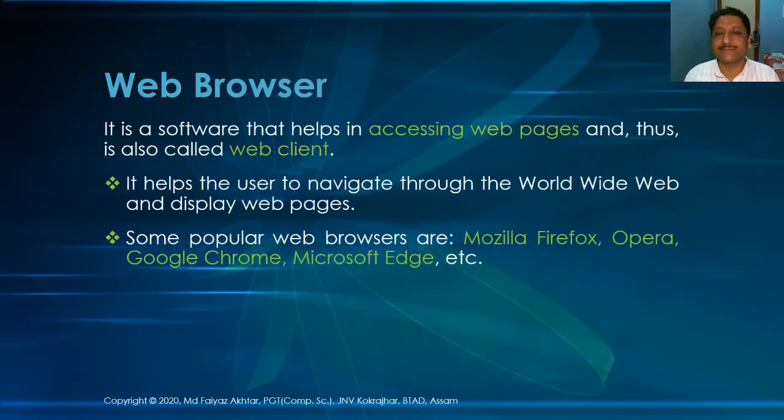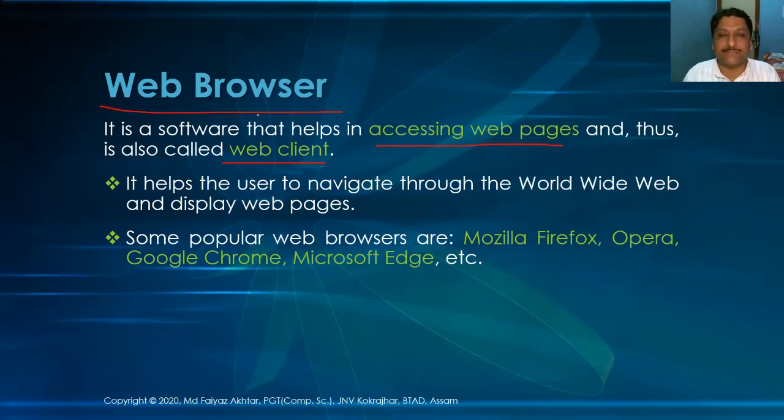Now the web browser is a software that helps us in accessing web pages, and thus it is also called a web client. Examples of web browsers are Google Chrome, Microsoft Edge, Internet Explorer and Mozilla Firefox. We just type the website name and it displays the web pages of that website.